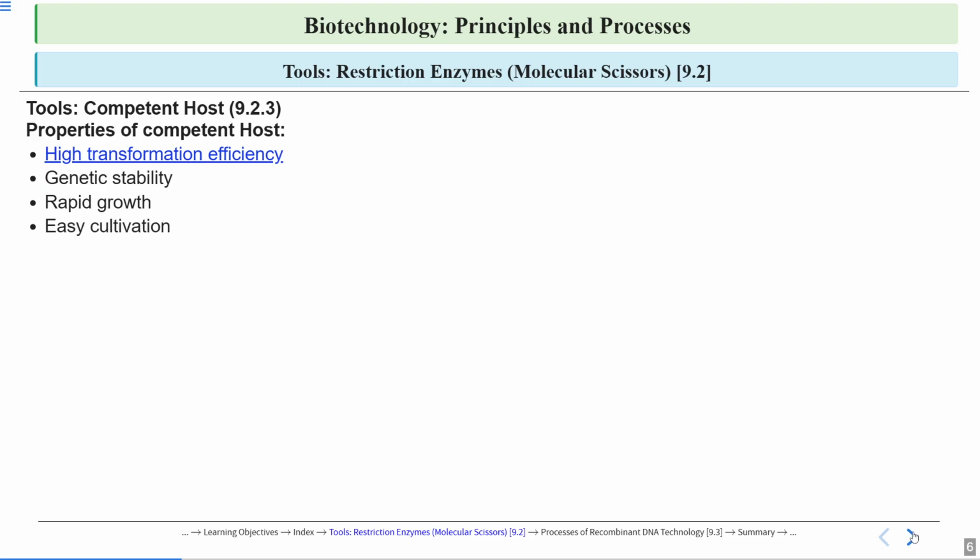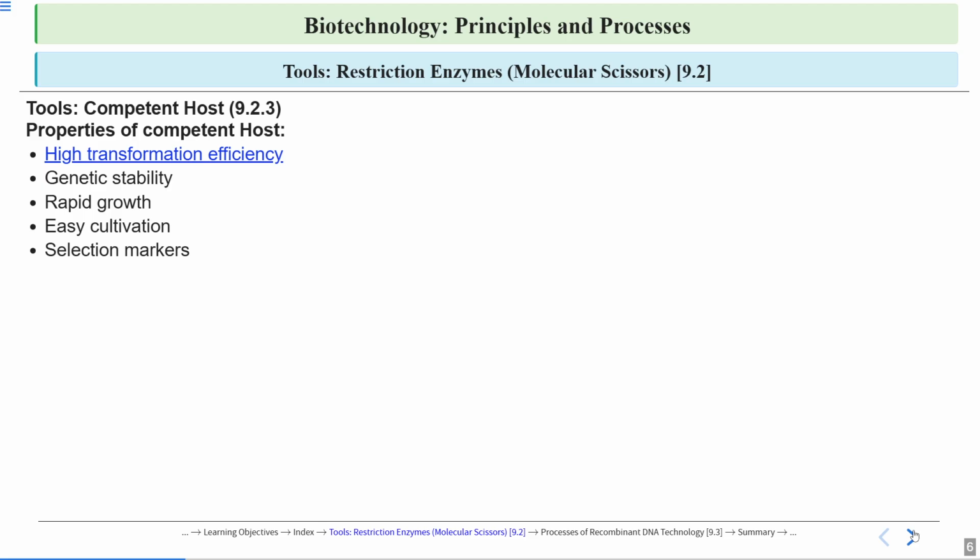Then it should be easily cultivated, meaning we are definitely going to grow this recombinant, this transformed cell, in laboratories. So it should be very easy to culture. It shouldn't be very difficult, or not even humanly possible, to cultivate. It should be easily cultivated, and it should have selection markers, because in the last class we studied selection markers in detail.